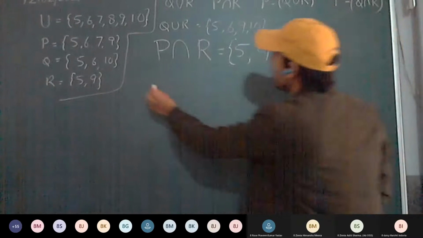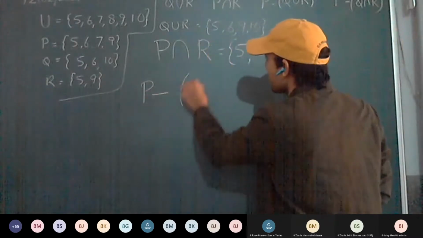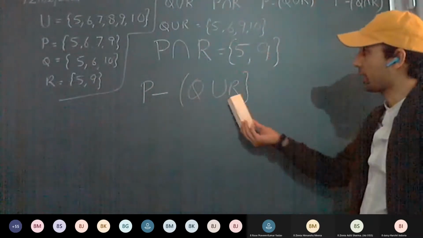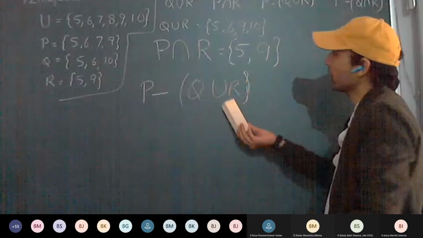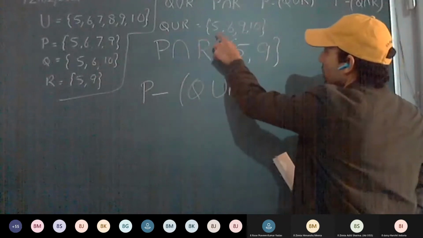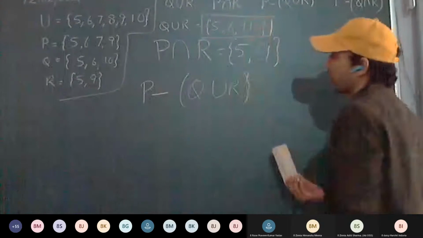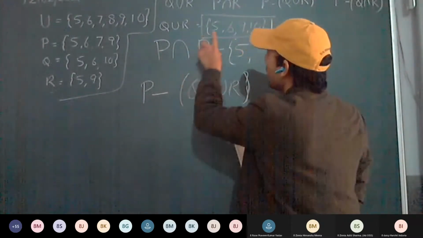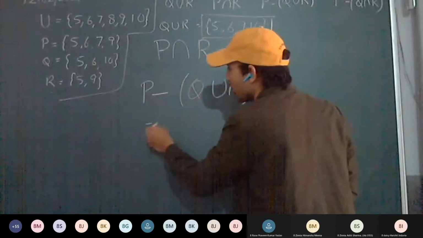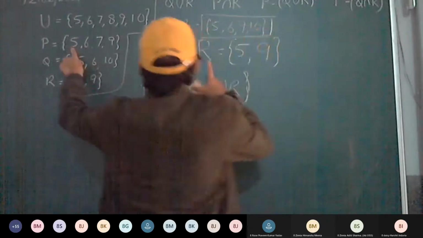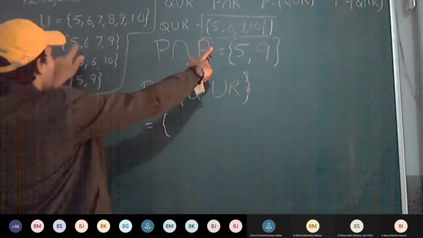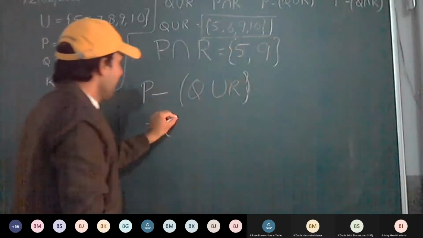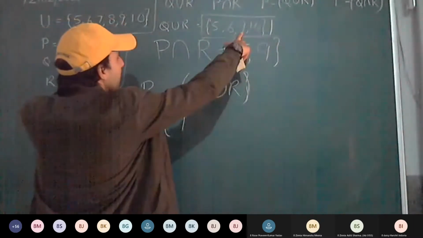Okay, now we have to calculate P minus Q union R. Q union R we have already calculated. This one is our Q union R. Now we subtract these elements from P, so we write the elements which are not present in this. 5 is present, so we won't write 5. 6 we won't write. 7 is not present here, so 7. 9 is present.